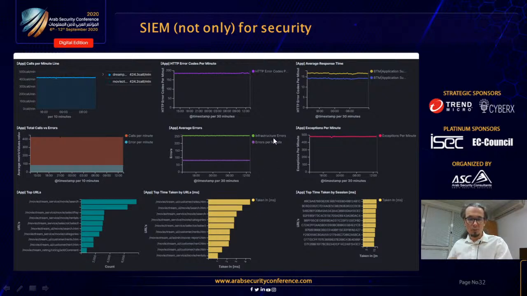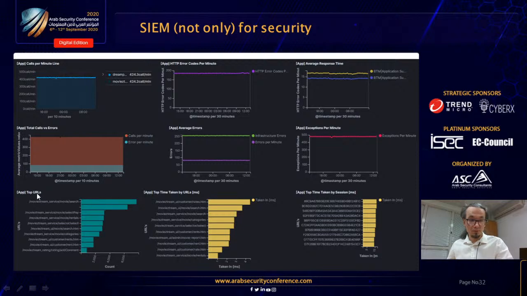Then we can compare the infrastructure errors against the application errors. So we can see the simple correlation. If infrastructure errors or application errors experience a sudden increase, then we can see if this is correlating.